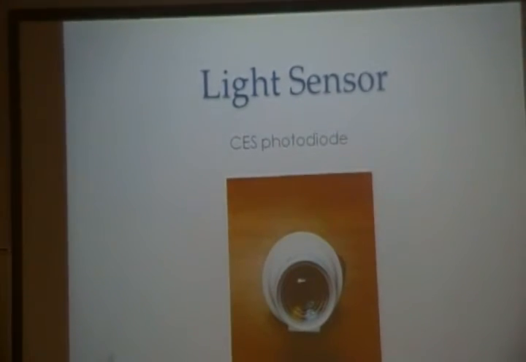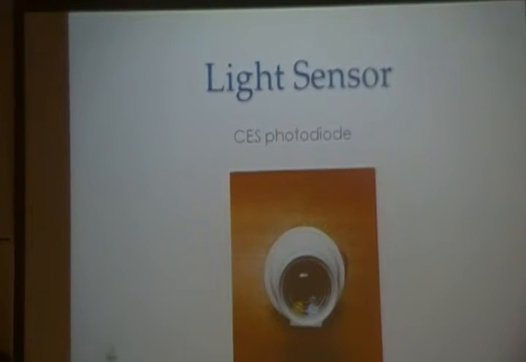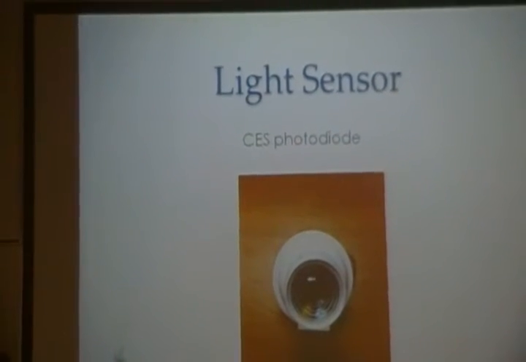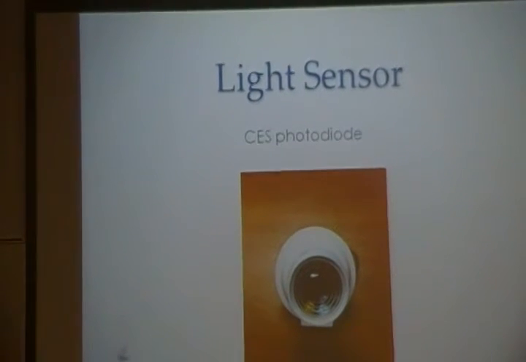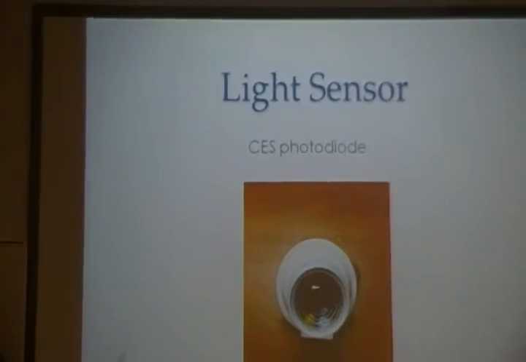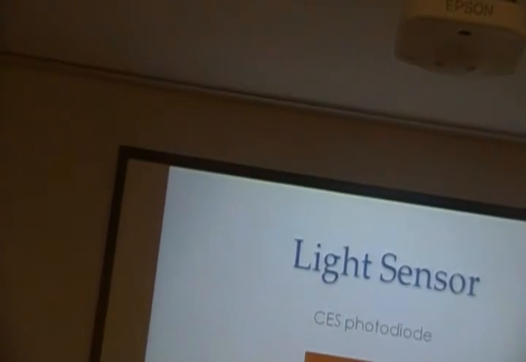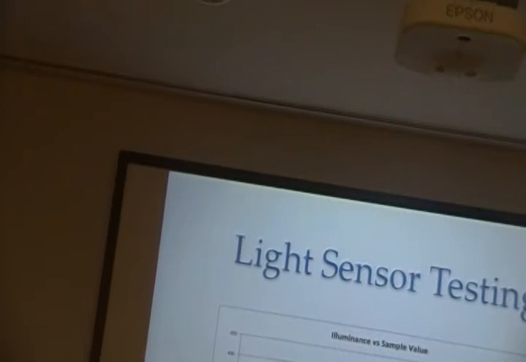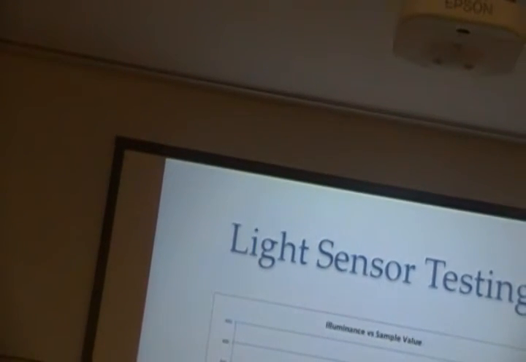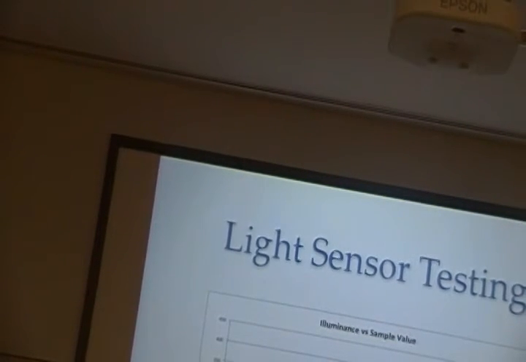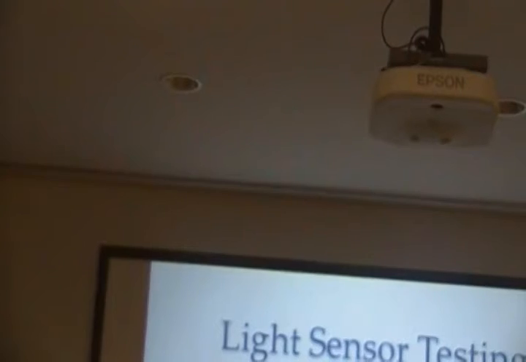Finally, the light sensor. It was donated by PLC Multipoint. It monitors ambient light and outputs the analog signal to the microcontroller. This plot represents the output of the sensor against the illuminance on the desk surface.